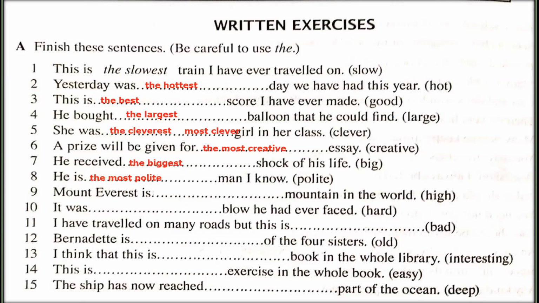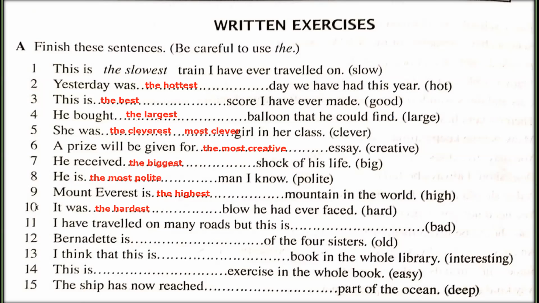So what is it? The highest mountain in the world, because high is given. And number 10, it was dash blow he had ever faced. Hard is there. So what will we write in number 10? It was the hardest. Yes, it was the hardest blow he had ever faced.